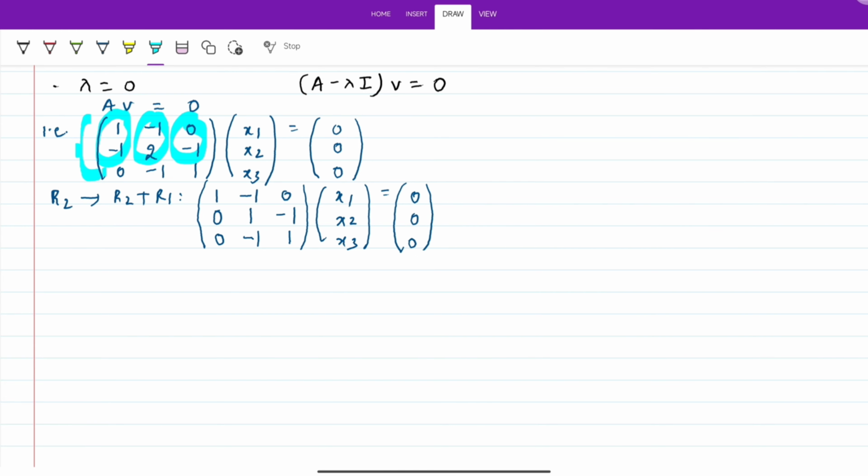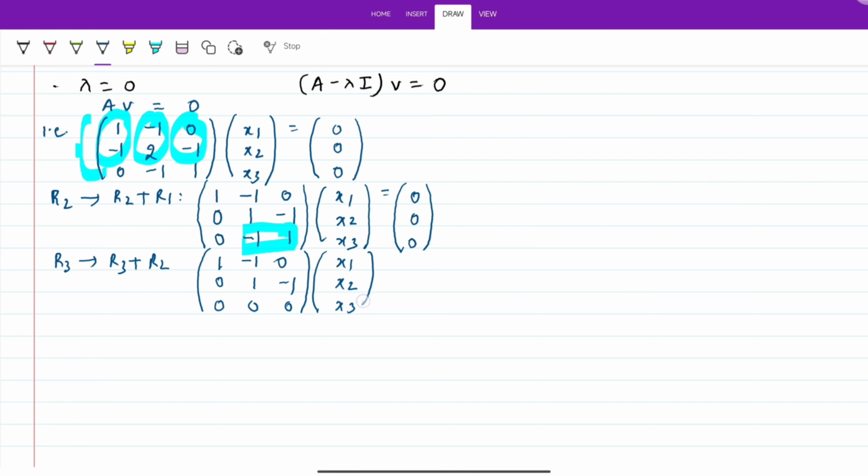Now we focus on the third row, trying to make it 0. So we perform on R3, R3 changes to R3 plus R2, and this gives us first row as it is, second row as it is, and the third row changes to 0, 0 and 0. And here we have x1, x2, x3 is equal to 0, 0, 0.